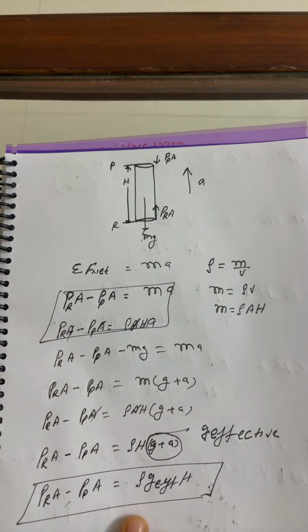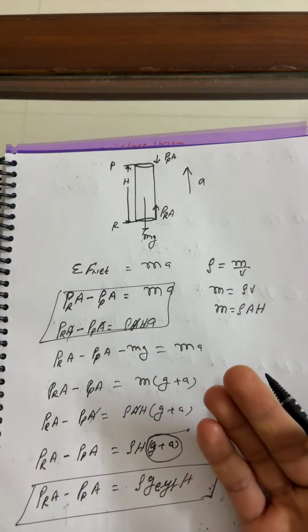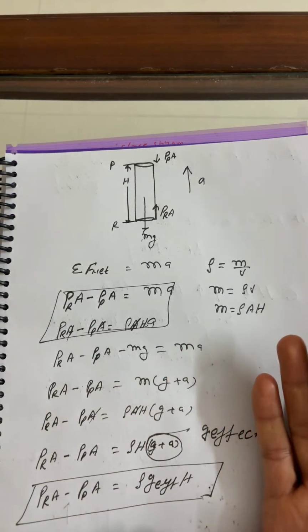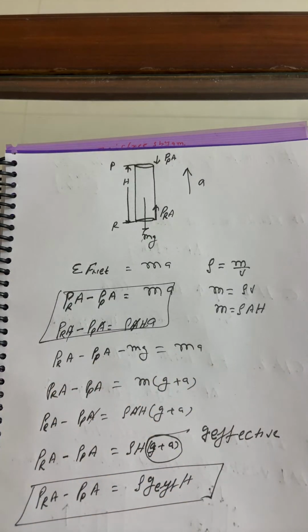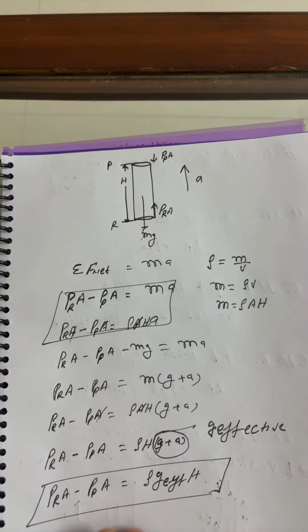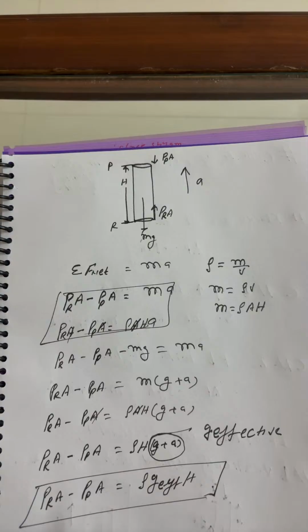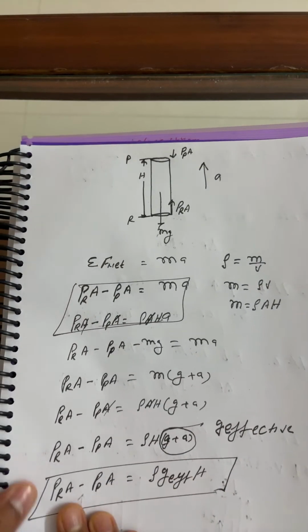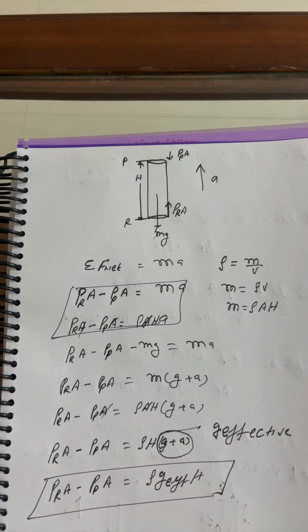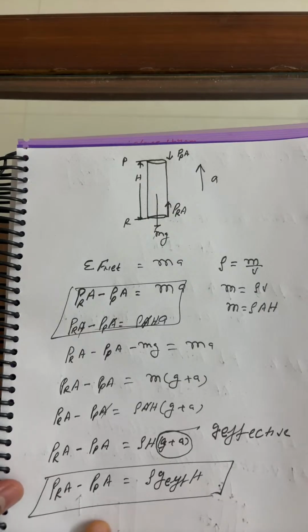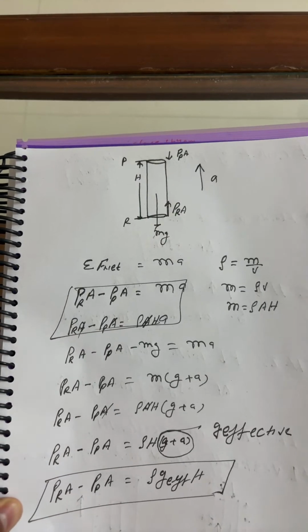This is case number one: if the fluid is in motion, you can define acceleration in both directions, horizontal as well as vertical. Here I have taken container motion in upward direction.